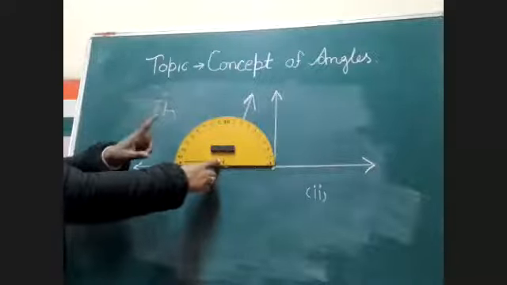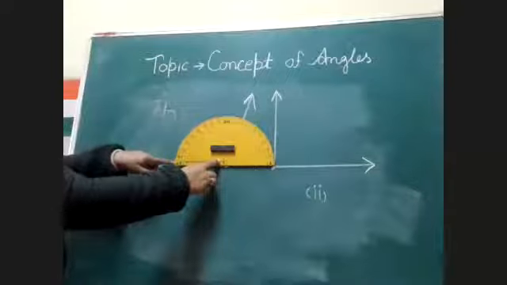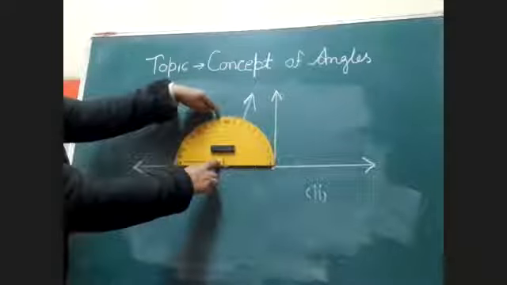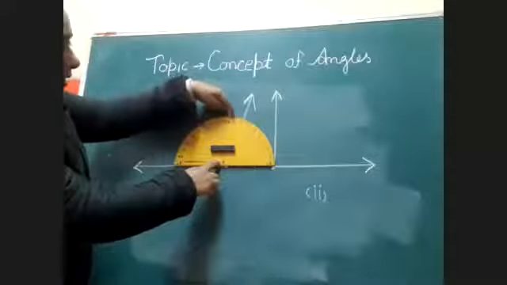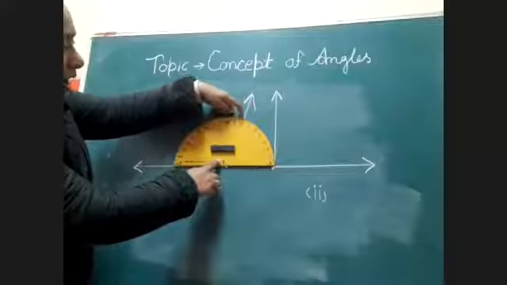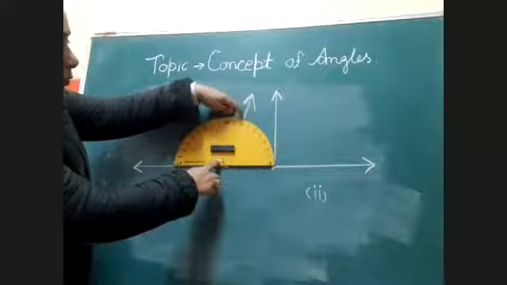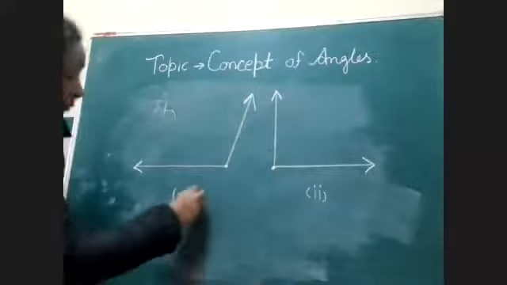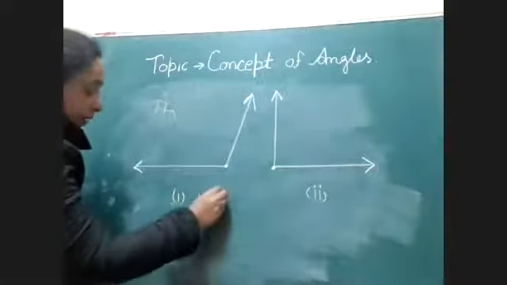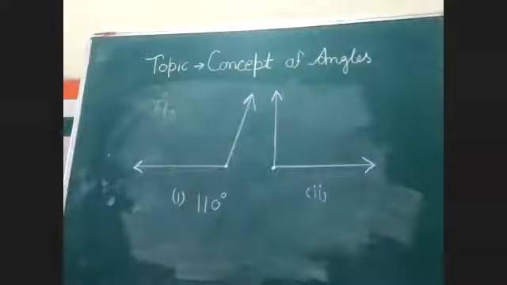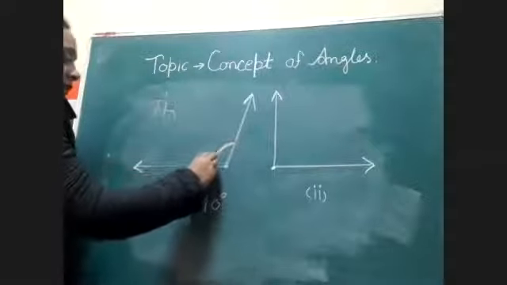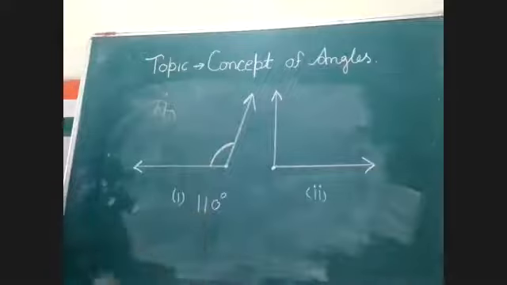So use the outer scale. 0, 10, 20, 30, 40, 50, 60, 70, 80, 90, 100. Then this is 110. It means this is an angle of 110. The measure of this angle is 110 degrees.